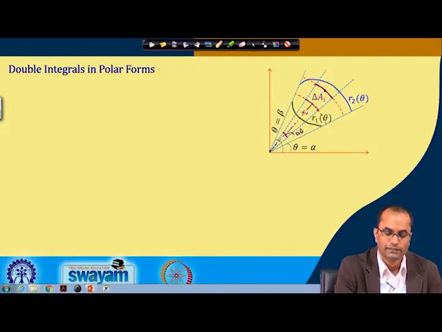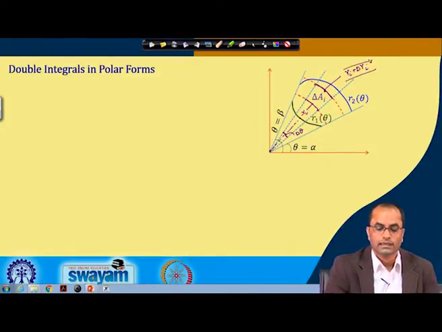So, the radius to here will be r i plus delta r i.